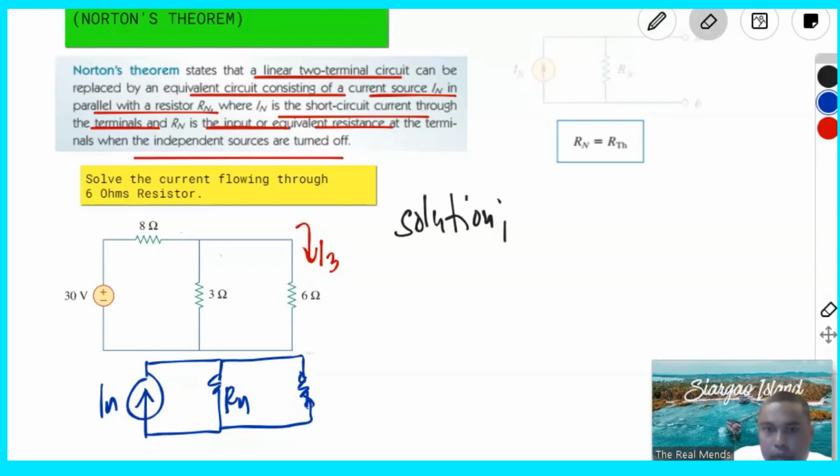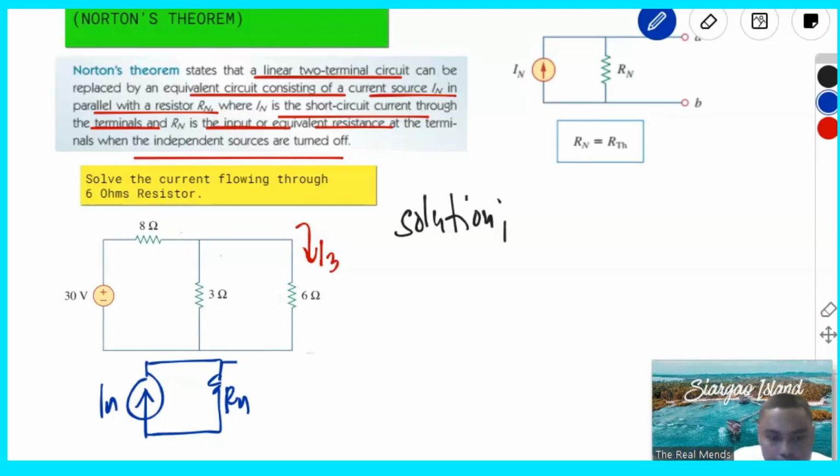Okay, let's draw it properly. This is a 6 ohms resistor, and the current flowing through this is the I3.